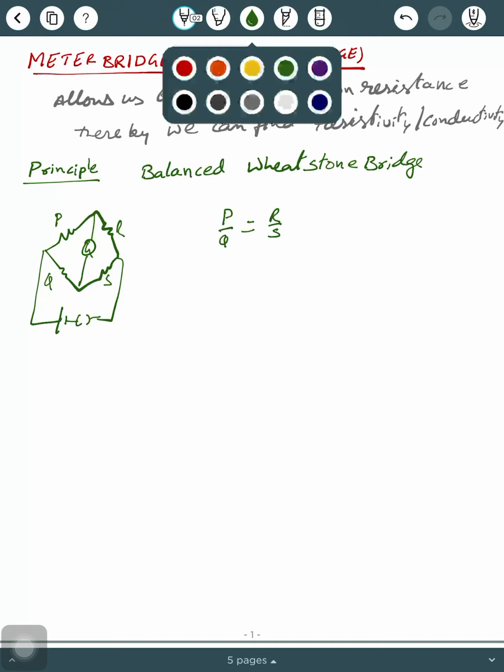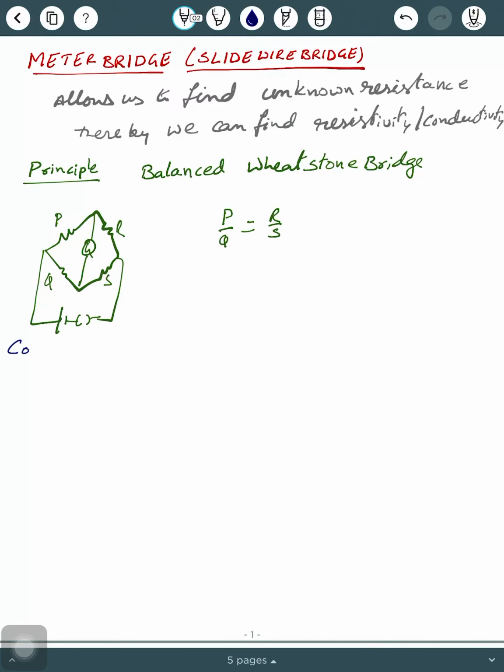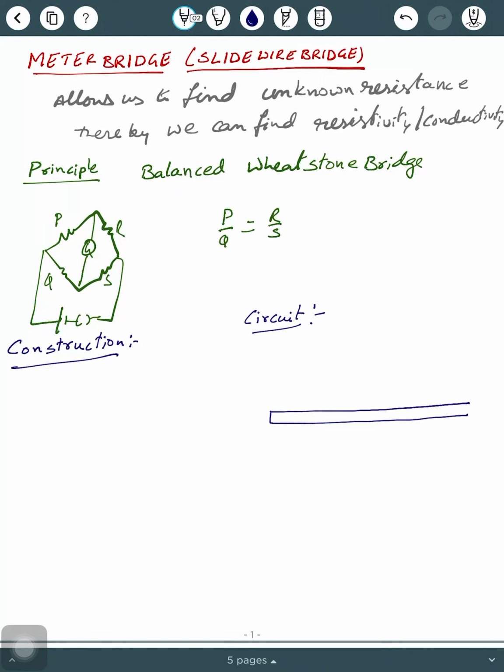So, what does it consist of? Let me talk about construction. For construction, first and foremost we need to draw the circuit. As stated, the meter bridge consists of a 1 meter long alloy wire.